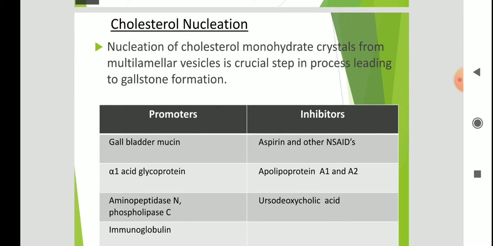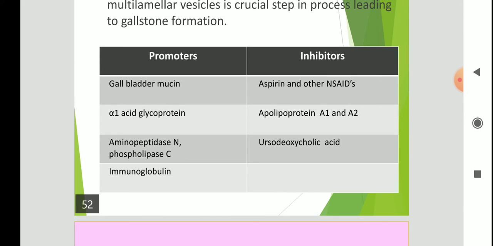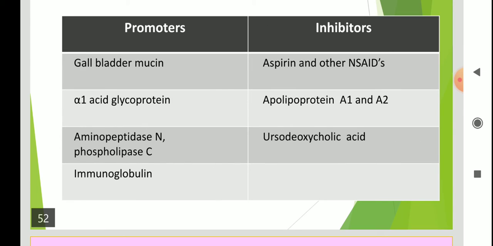The cholesterol nucleation, an important one. The nucleation of cholesterol monohydrate crystals from multilamellar vesicles is a crucial step in the process of stone formation. See there, the promoters and the inhibitors of this stone formation. The promoters: gallbladder mucin, alpha-1 acid glycoprotein, the immunoglobulins, aminopeptidase, lipases.